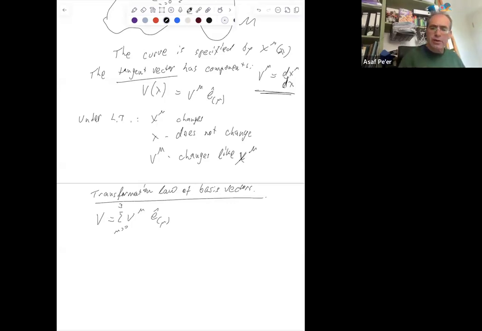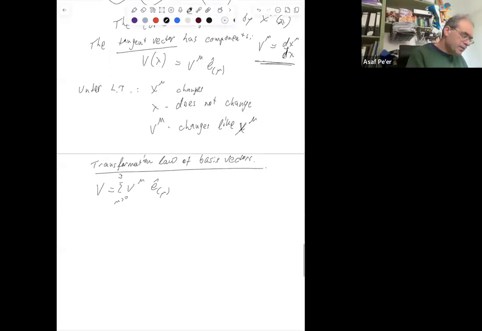So I'm transforming the coordinate system, so now E mu would go into new coordinates, say E mu prime.